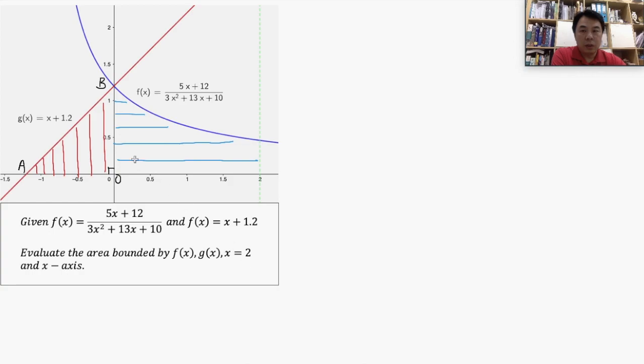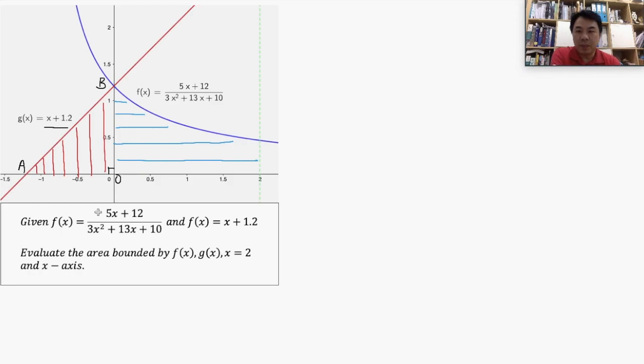Now to do this, first of all, we have to figure out the y-intercept and the x-intercept here. We can obtain those directly from this equation here, x plus 1.2.